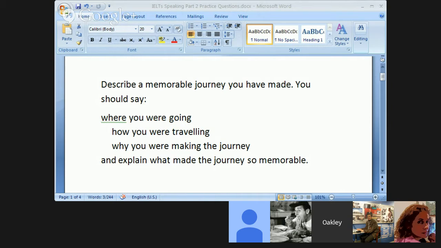Maybe you shouldn't just relax and sunbathe all day, but you should go out and see some of the monuments and beautiful architecture. Something like that. So it would be much better if you use the modal should, because okay, that's terrific. You're using a modal, which is something they're looking for, and you understand that should is used to give advice or make suggestions. Okay, but overall, not bad.